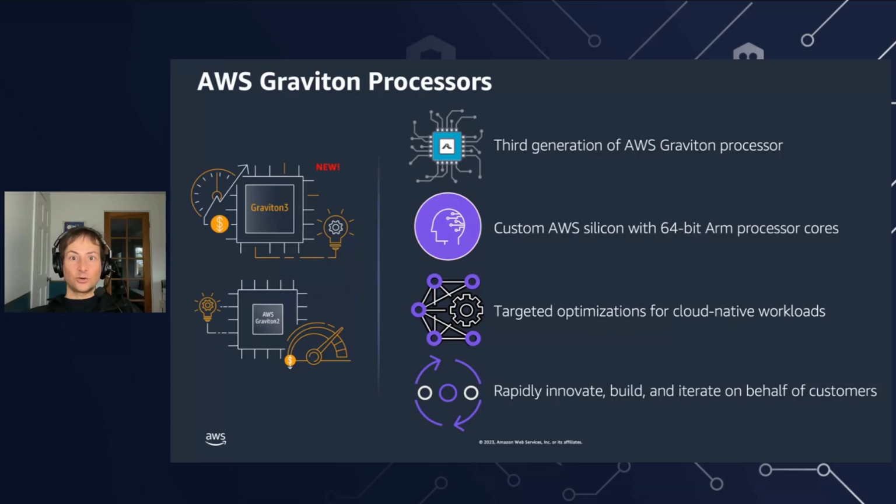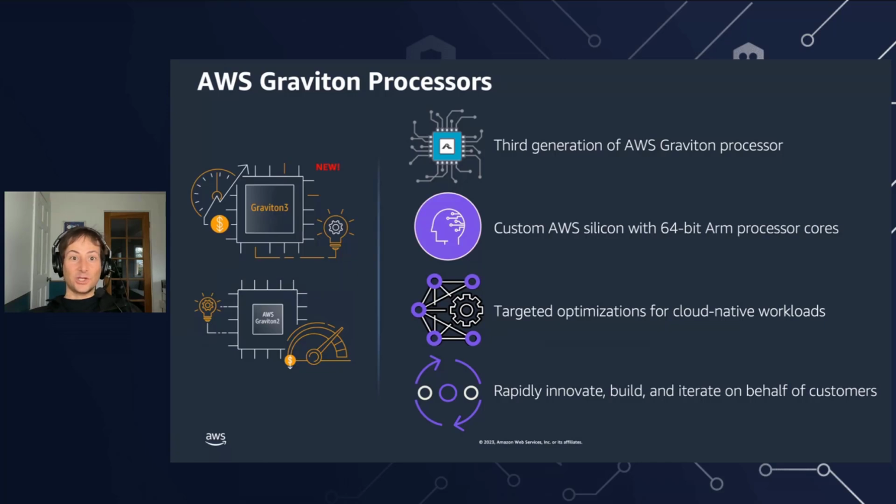I mentioned we are at the third generation of Graviton processors. The first one was powering our A1 instances. You've probably never heard about that. It was mainly a vehicle to get applications ported to Graviton processors, things like operating systems, open source applications, and some of our software vendor partners.